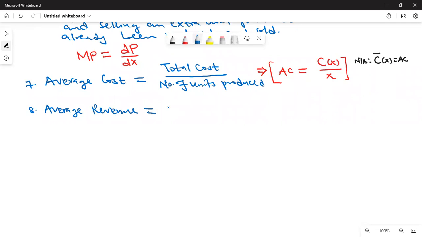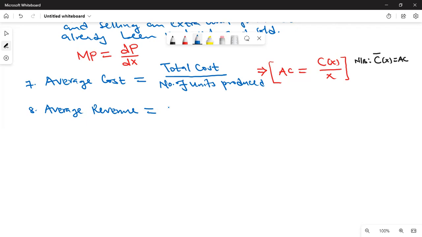Maybe the first unit you sell at 100 shillings. The second unit, maybe you sell it at 110. The third unit you sell at 90. So you are selling these units at different prices. Having sold all the 10 units that you produced at those different prices, you want to know on average how much have I earned by selling the 10 units.